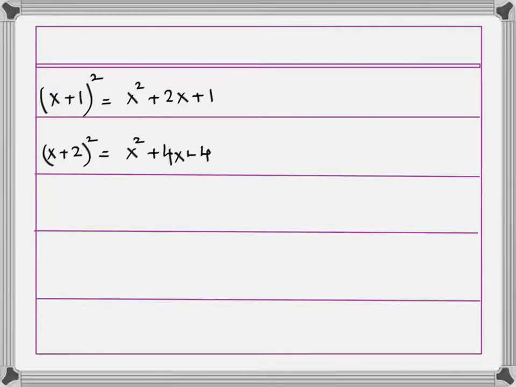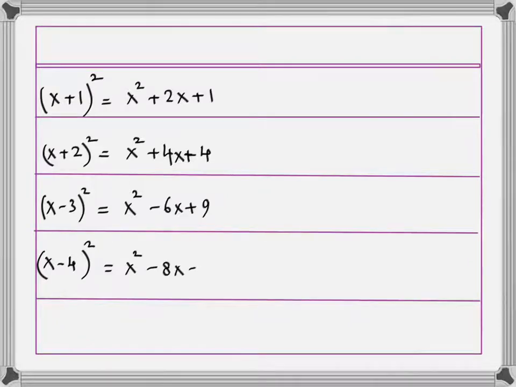If I take a few expressions such as x plus 1 whole square, x plus 2 whole square, and similarly x minus 3, x minus 4, x plus 5 and so on, all these expressions are of the form a minus b whole square and a plus b whole square.